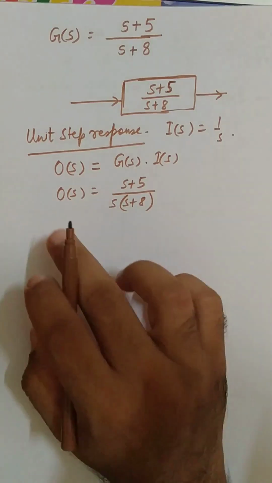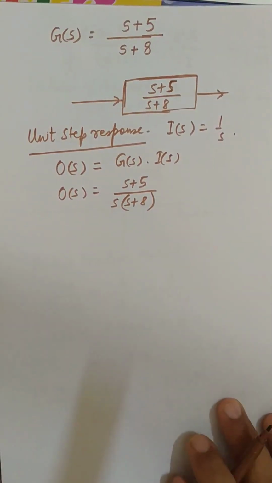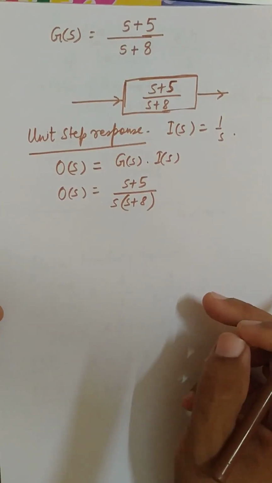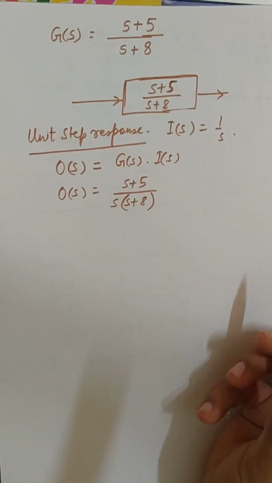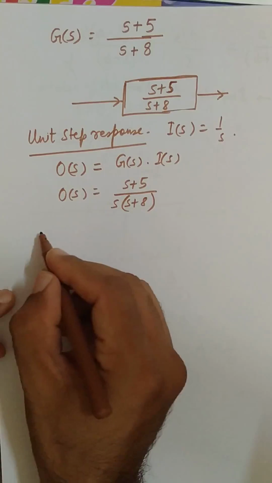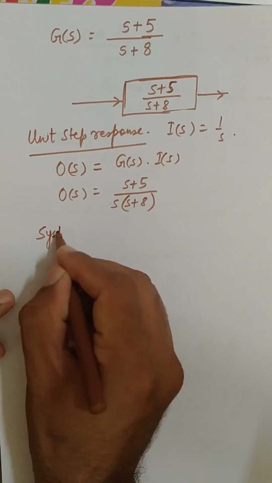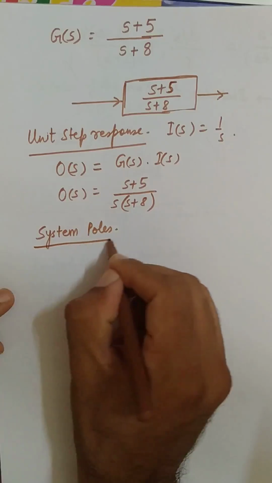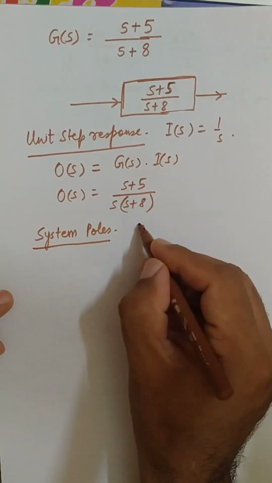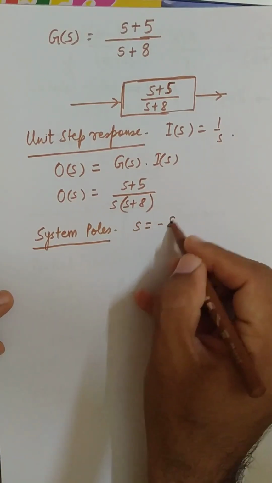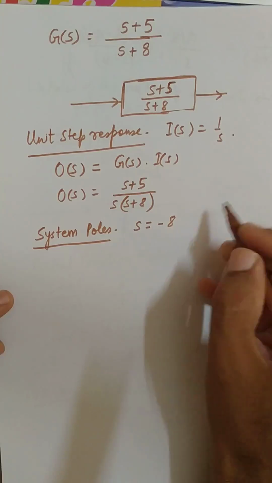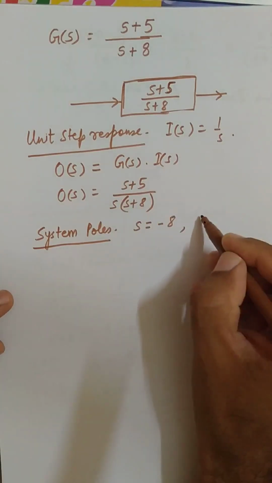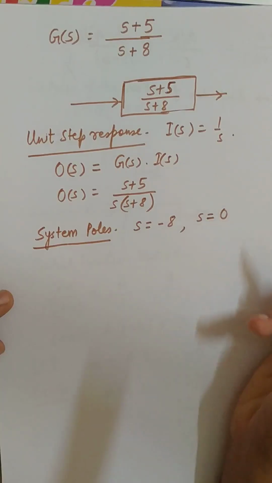Now I wish to find the response. What I mean by response is I wish to find the time response of the system in the time domain. So first of all, what are the system poles? The poles of the system are at s equal to minus 8. And because of the input I have multiplied, that is also causing a pole at s equal to 0.